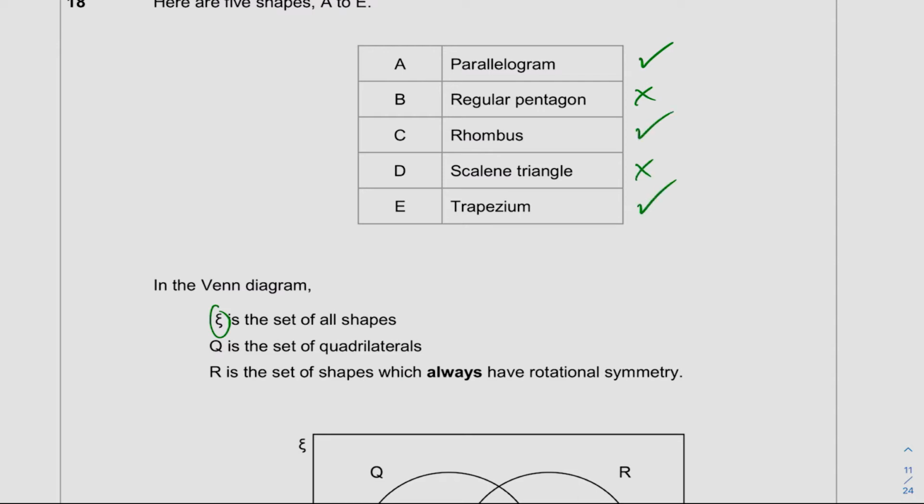Now let's go through and see which of these always have rotational symmetry.